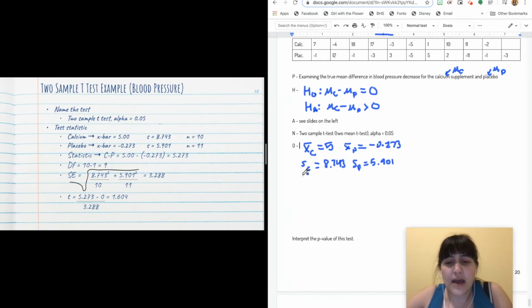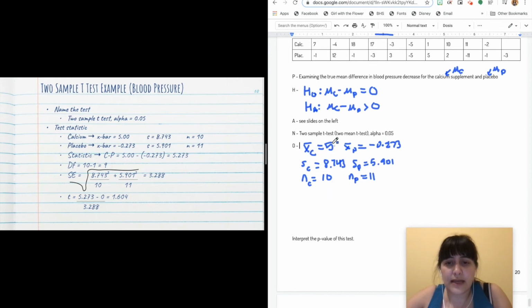Okay. And for this one, I do want to record what the N values are, the sample sizes, because they are different for each. The sample size for calcium was 10, and the sample size for the placebo was 11. That's going to affect which one I choose for my degrees of freedom.